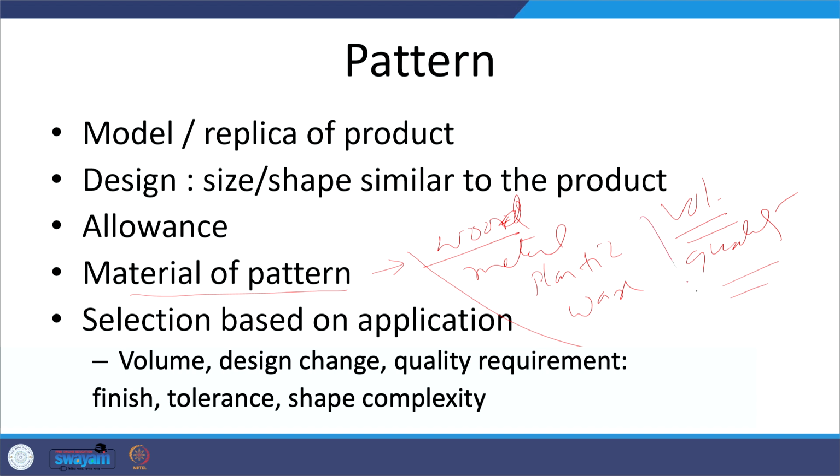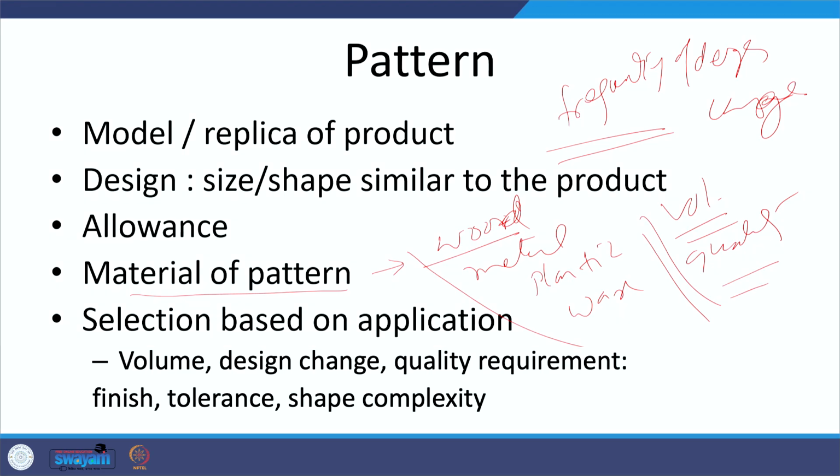Over and above these points, we should also see how frequently the design can change, the frequency of design change. If the design of the product can change very frequently, then we will prefer to go for wood as a pattern material rather than metallic patterns.